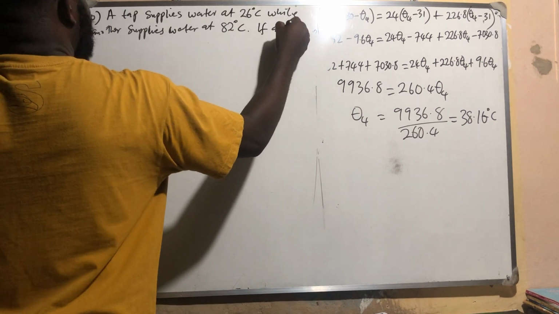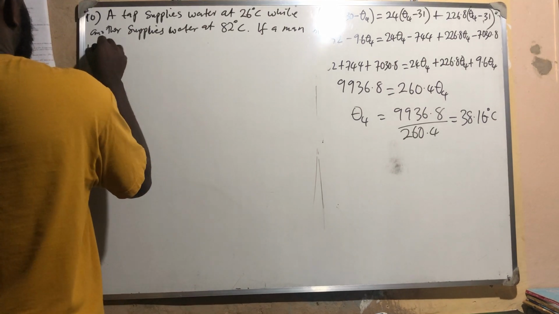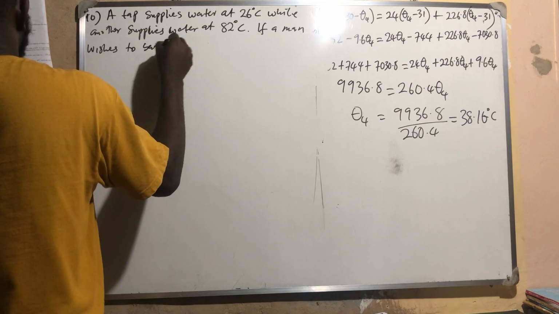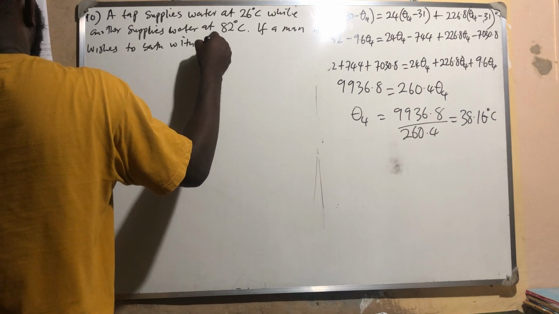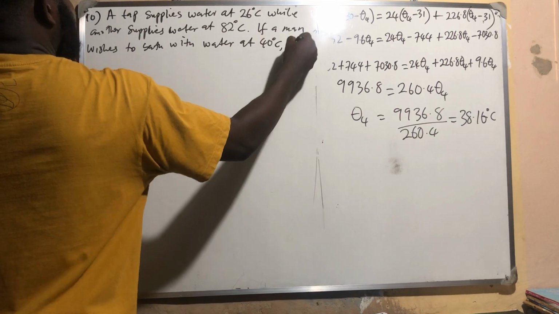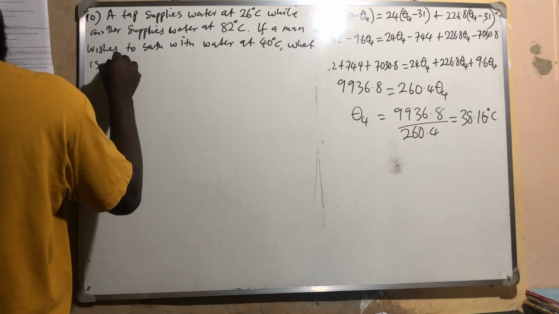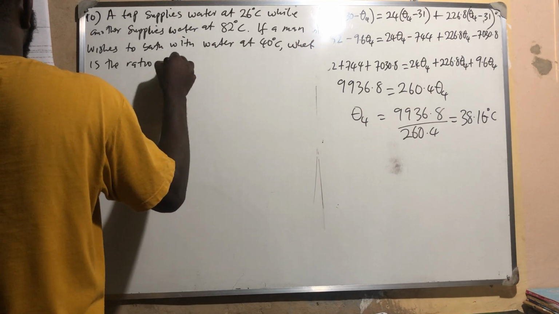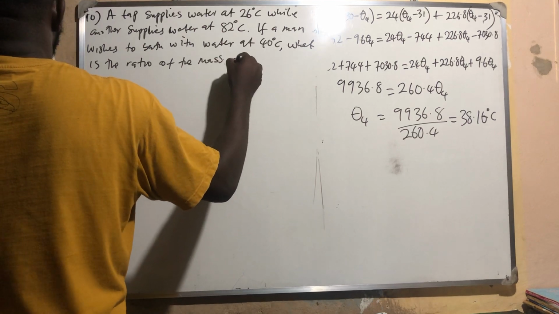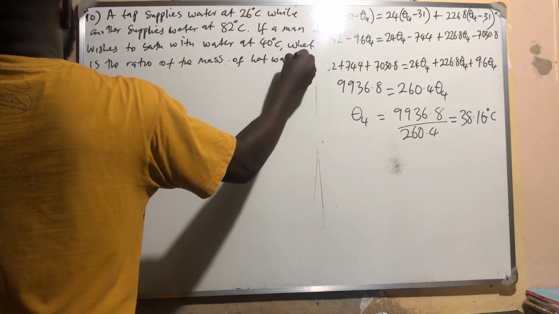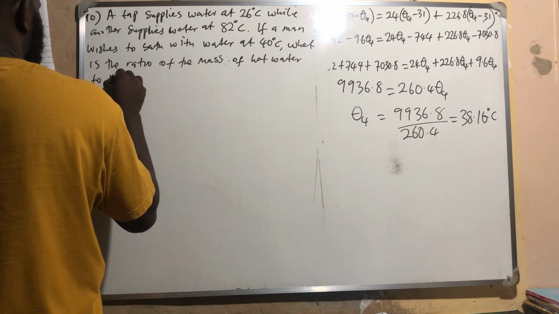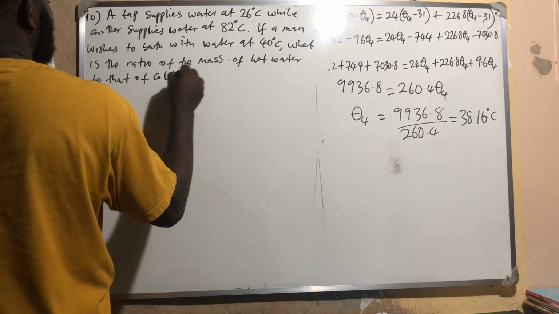Then I say if a man wishes to bathe with water at 40 degrees Celsius, what is the ratio of the mass of hot water to that of cold water?